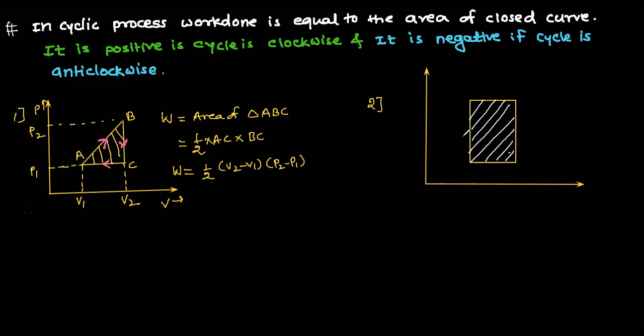So here I am taking anti-clockwise, like this. Again you can see here this is V1, V2. This is V and this is P here. Try to draw straight lines here.